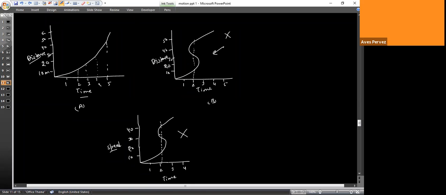An object can't cover multiple distances in a single time. So these are impossible graphs, and this one is a possible graph.